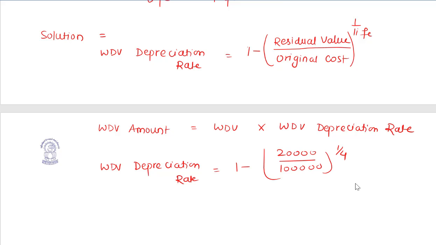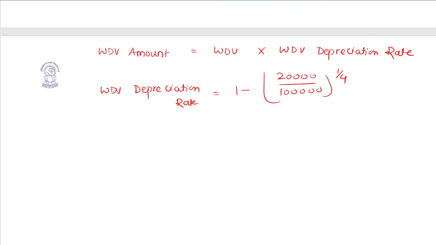So on your calculators, all of you, type 20,000 divided by 1 lakh. 0.2 must have come on your calculators.